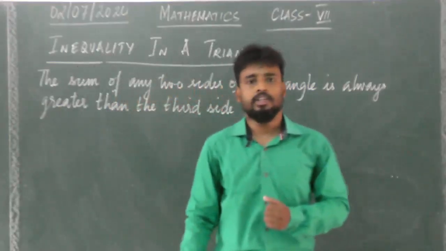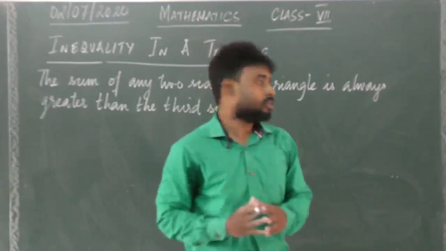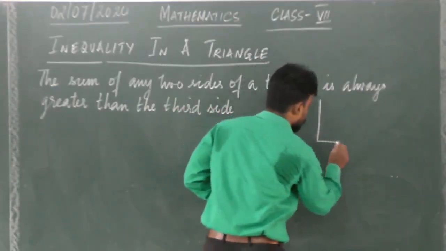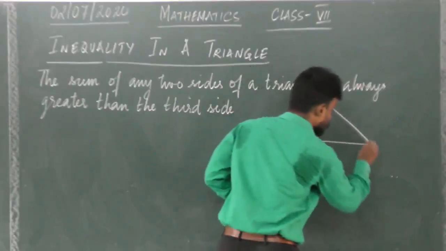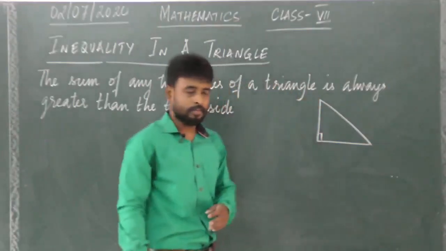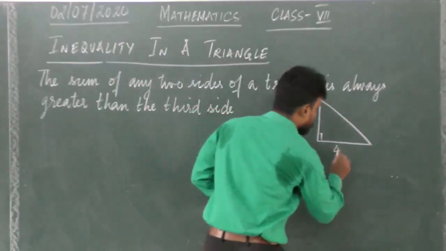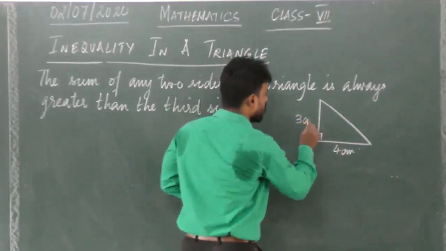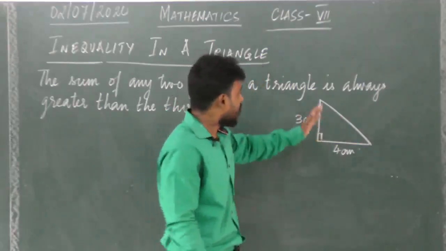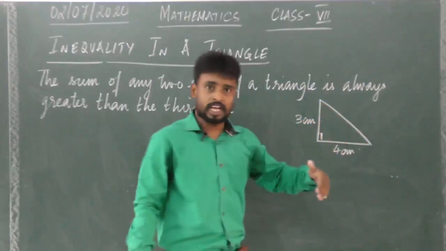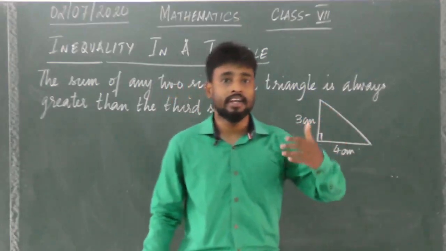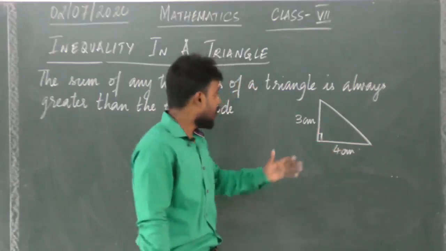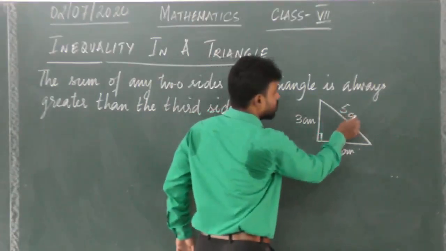Now to prove that, we'll take an example. We'll draw a right angle triangle. Let's take the base as 4 centimeter and the height as 3 centimeter, and we know that the hypotenuse is the side which is opposite to the 90-degree angle, and the hypotenuse here will be 5 centimeter.